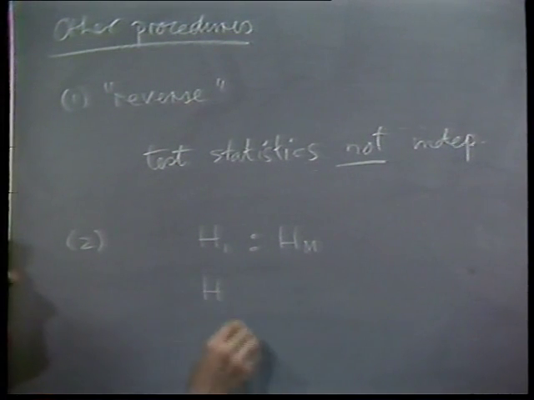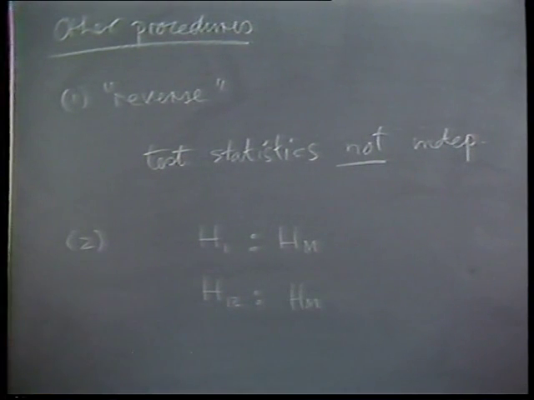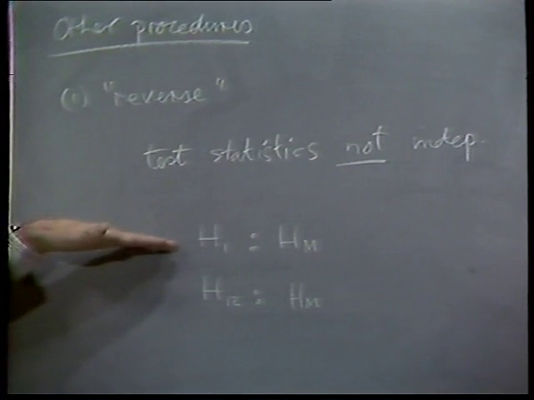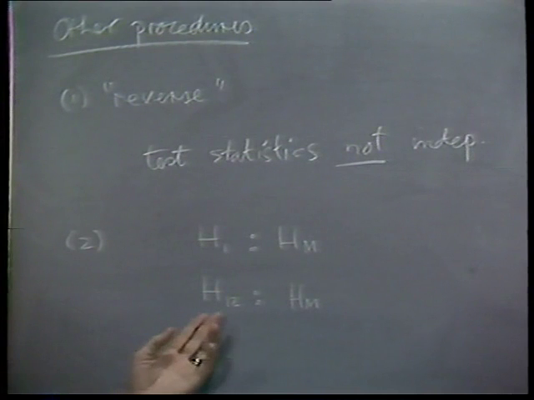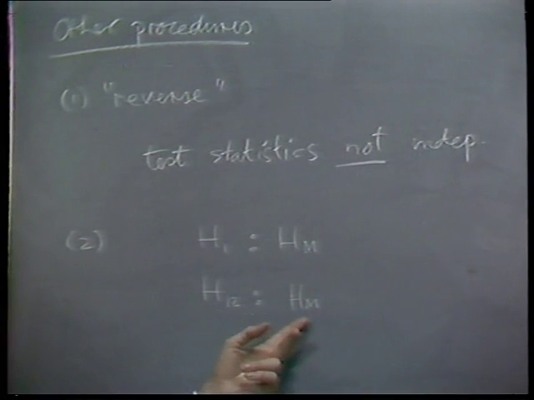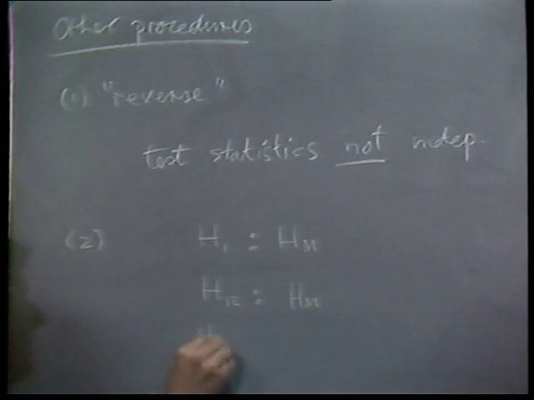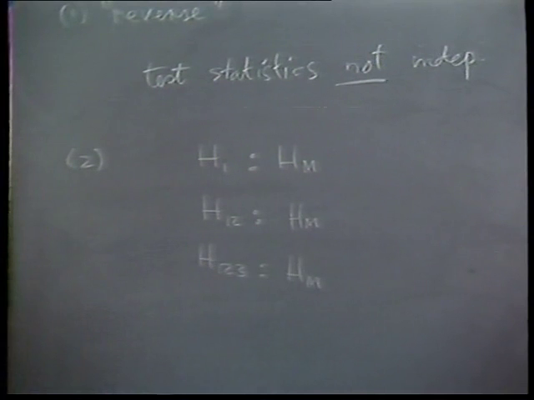But then test H1,2 against the maintained. So if we don't reject H1, we then consider H1,2, but we don't test H1,2 as in the Anderson procedure relative to H1. We test it relative to the maintained. And so on through the sequence, that H1,2,3 is then tested against the maintained.